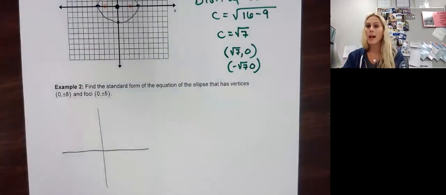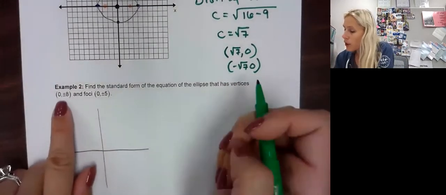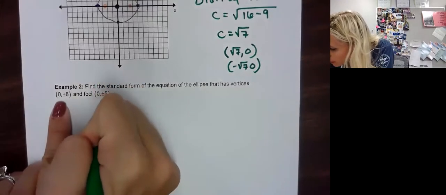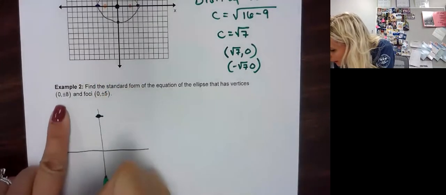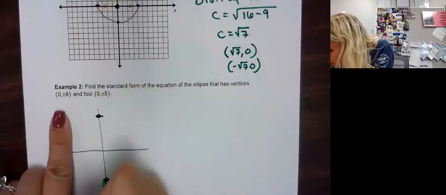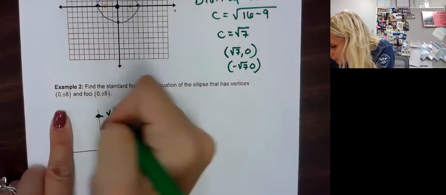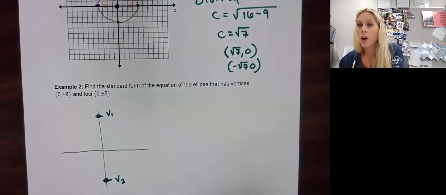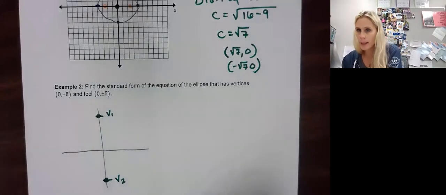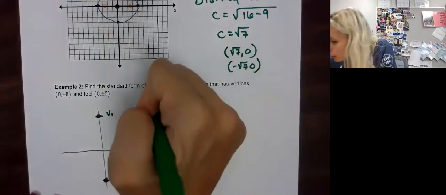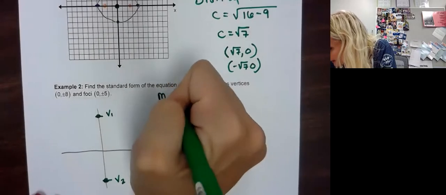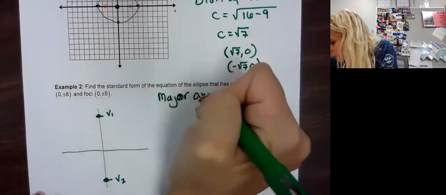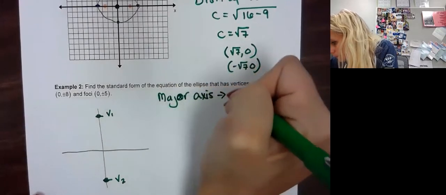Be careful on your XY coordinates, okay? So the vertices, and I'm going to label them, are 0, positive 8, and 0, negative 8. So this is V1 and V2. Now, because the vertices are vertical, right, that means our major axis is vertical, okay?